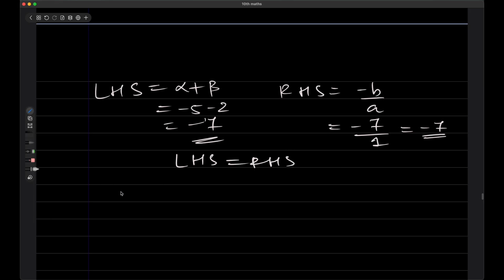For the product of zeros of a polynomial, alpha beta equals c by a.